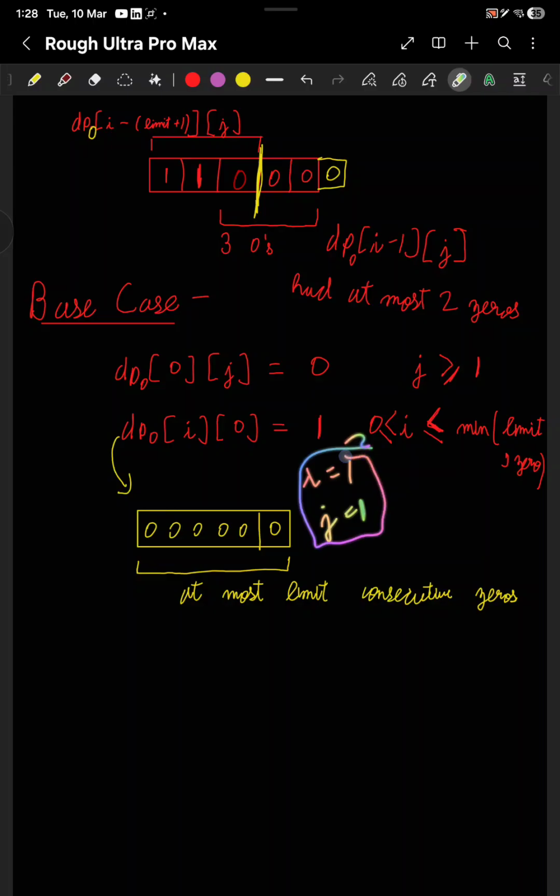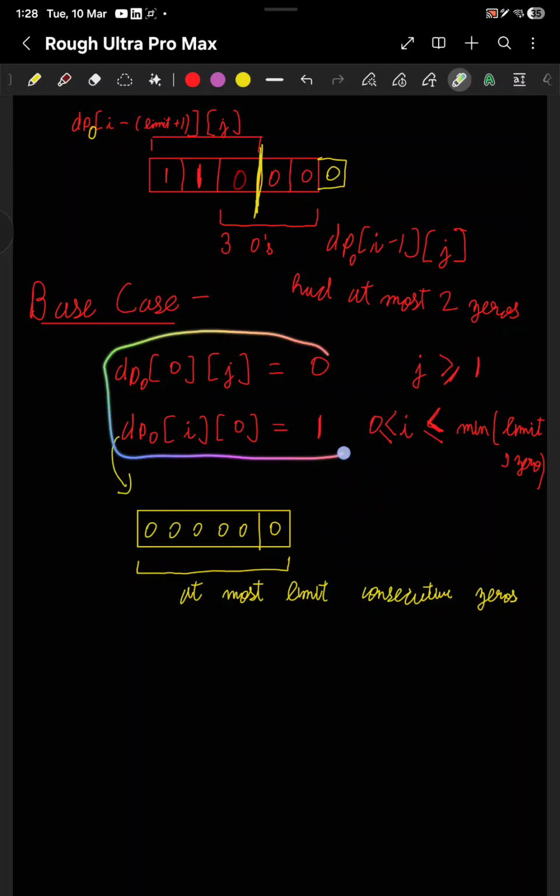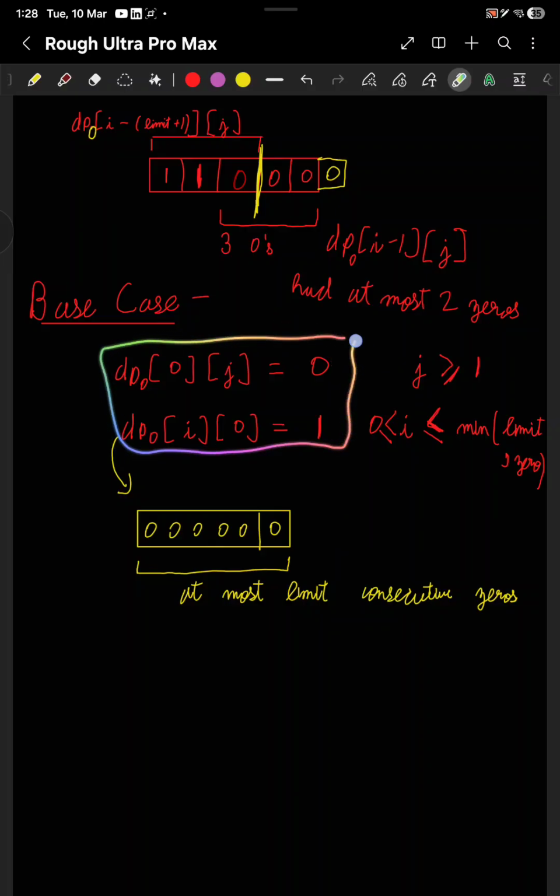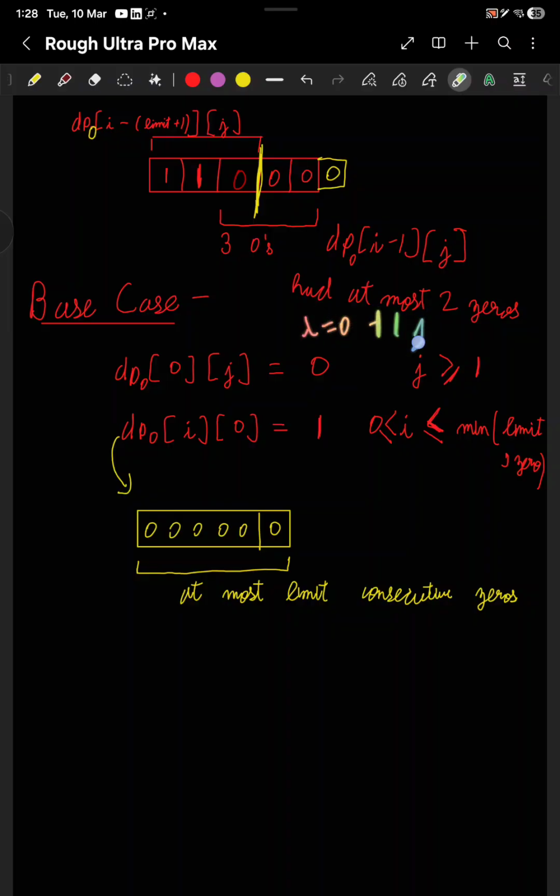So the base case would be that we pre-compute the answer for the 0th state, for i equals 0 or j equals 0.